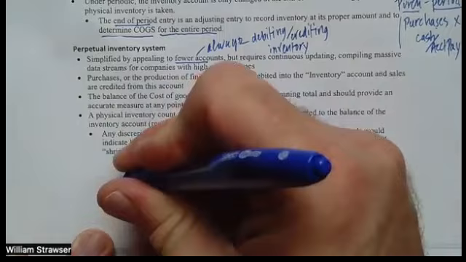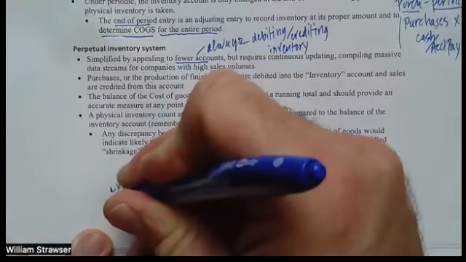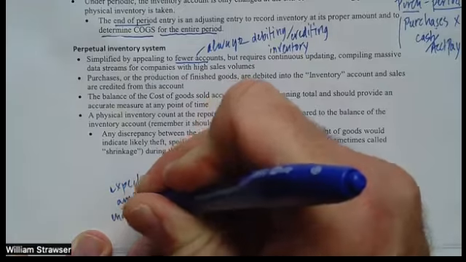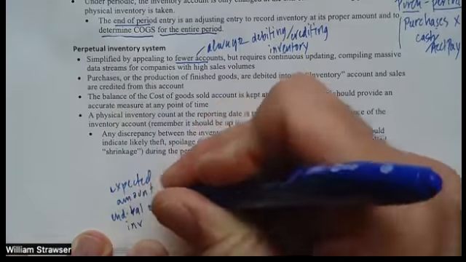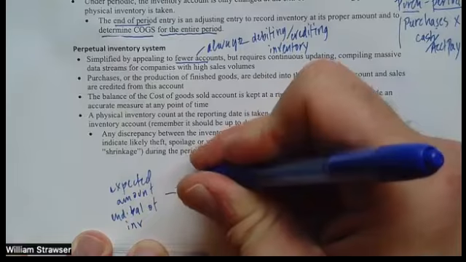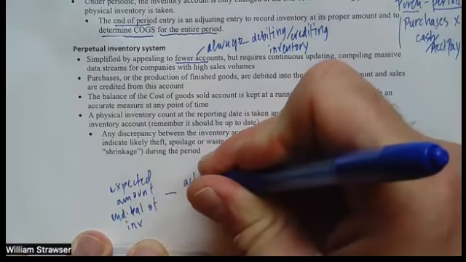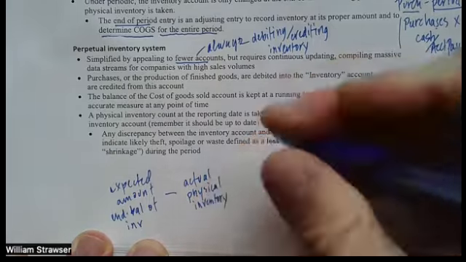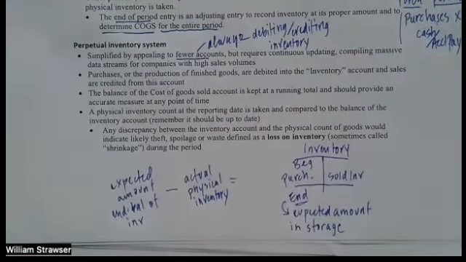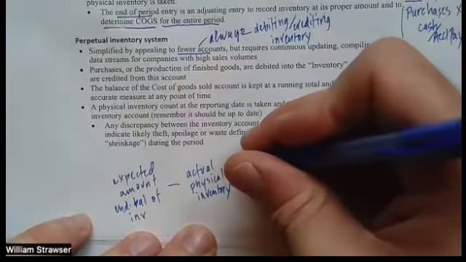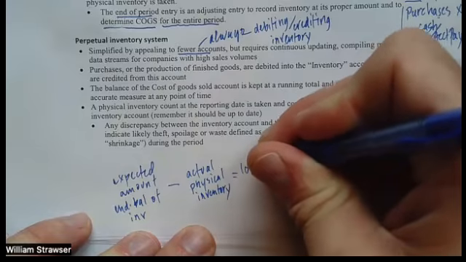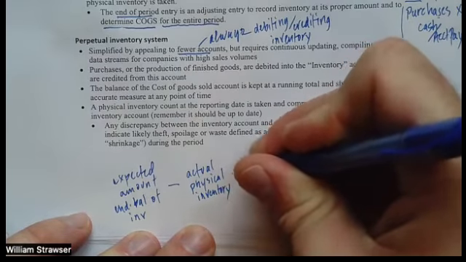So we can take the expected amount, which is from the ending balance of the inventory account, and subtract off the actual physical inventory when I go through and count every single apple I have. And that's just a joy. Ask anyone who's worked where they take an inventory. And then that gives me what we call loss or shrinkage, inventory shrinkage.